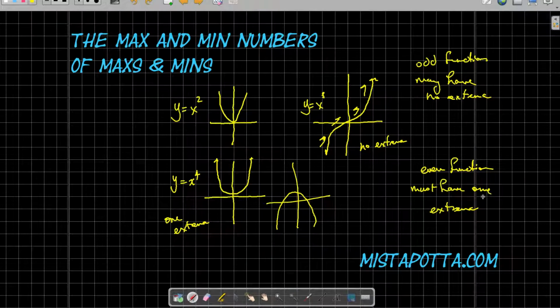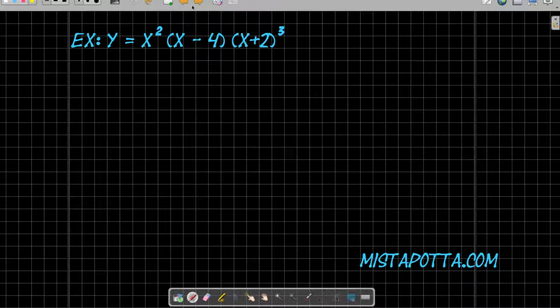It's either going to be a maximum or it's going to be a minimum, but we have to have that one value that's an extreme value when we're dealing with even polynomials.